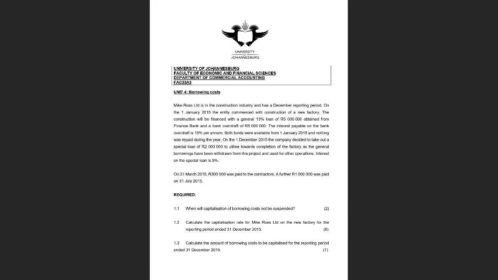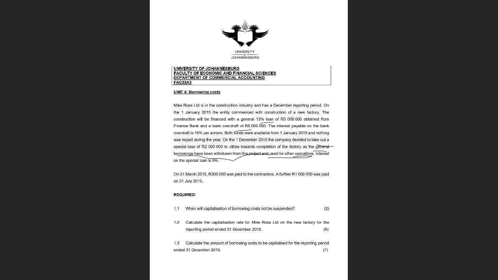So they're telling us that it is general, and if that is not enough evidence for you, it's also saying that the general borrowings, those two loans, the 13% loan and the bank overdraft, were then taken out. The general borrowings have been withdrawn from the project, which means that it's not only used for this project, it's also used for other operations as they state here.